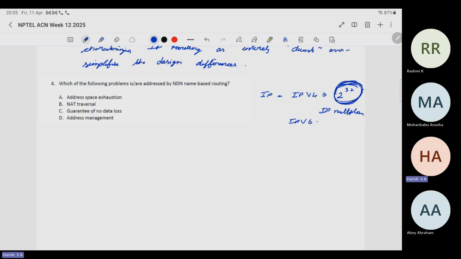NAT traversal. NAT is network address translation. This NAT is used precisely to counter the address space exhaustion. It is basically a middle box sitting between a public network and a private network.